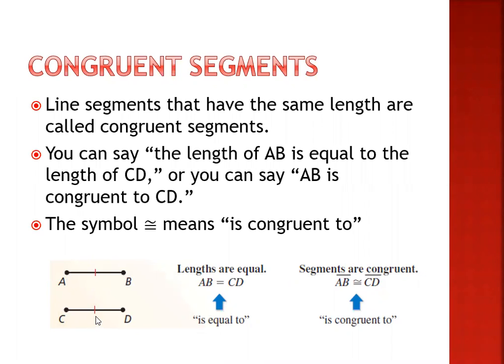If you want to say they are equal in length, we write AB equals CD, and don't put the line segment sign above it, because you are talking about a length, the length from A to B. But if we want to explain the congruence relation, the segments are congruent: line segment AB is congruent with line segment CD. This sign means congruent, so please don't confuse the two signs.